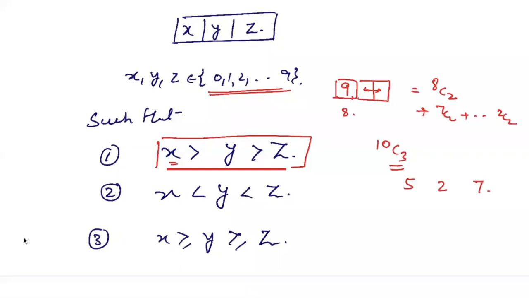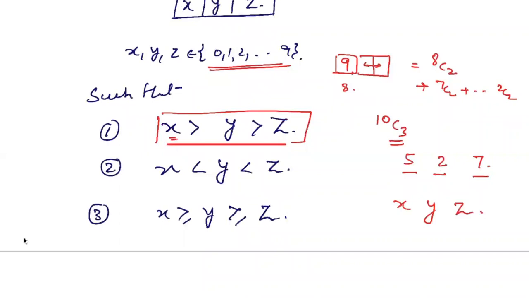So now what I'm saying, we have to arrange these 5, 2, 7 for X, Y, Z such that the largest number will go to X, the middle one will go to Y, and the smallest will go to Z. So only one arrangement is there. So 10C3 into 1 will be my answer. Hope everyone is getting this.